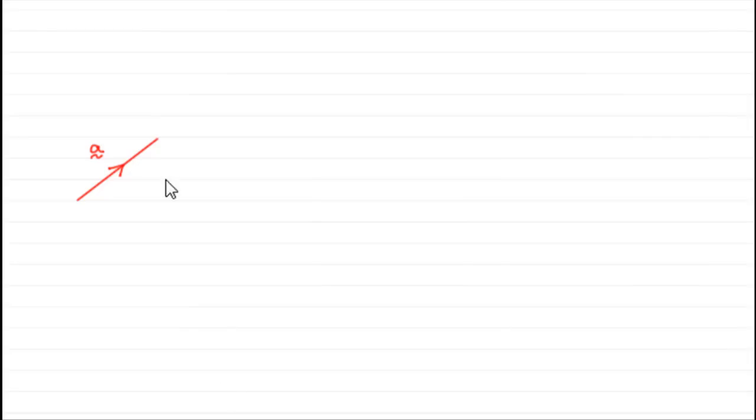Hi. Now if I had a vector A, say, and then I took that vector again and doubled it, put another vector on it, I get a vector 2A, twice as long as the previous vector A, going in the same direction.